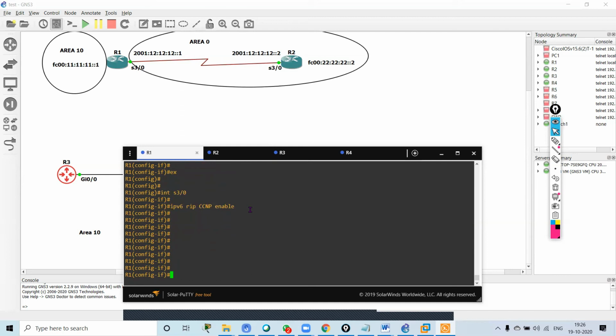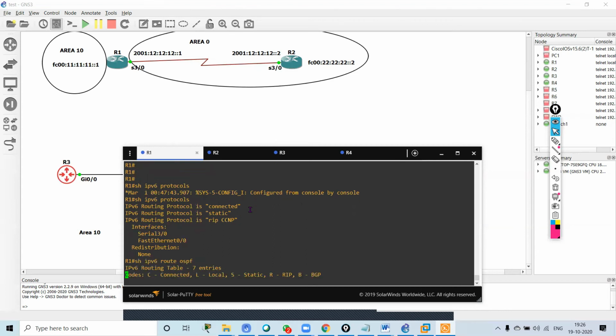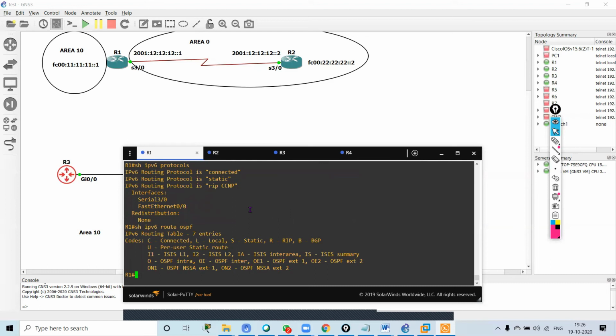Now if I want to see, show IPv6 protocol, see, I am running RIP CCNP on both the interfaces, serial 3/0 and 0/0. I can see the routing table also. Sorry, not OSPF, it is RIP.